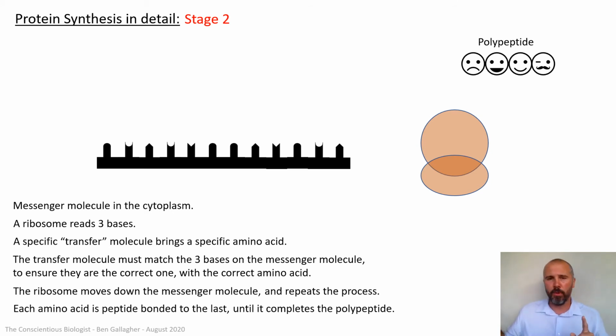So you'd create your polypeptide by the ribosome moving along, reading 3 bases at a time, with the transfer molecules bringing you the correct, specific, corresponding amino acid to that 3 base code. Really important you get that stage correct.